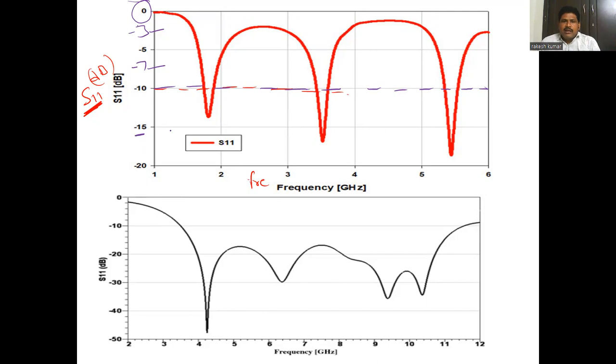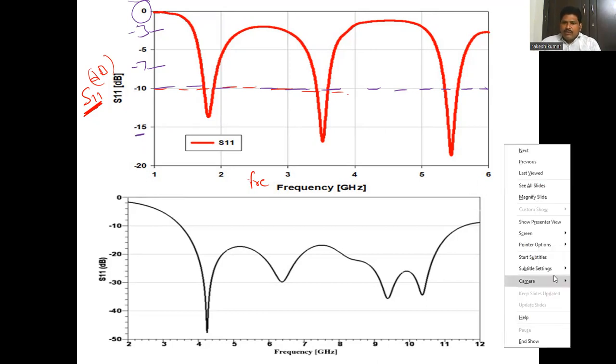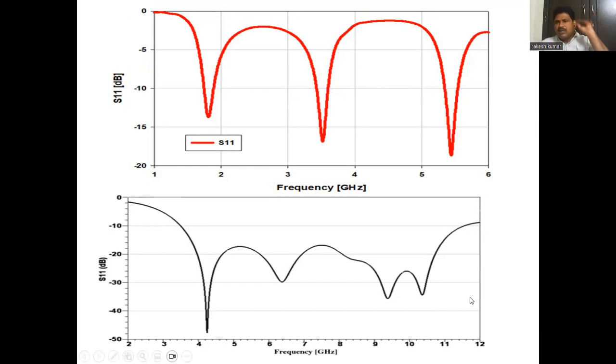So this minus 10, or minus 15, or minus 20, or minus 30, that is the better one. The better the antenna is. So in this diagram, this graph will compulsorily be available, which indicates at what frequency a particular antenna is operating. This graph is called the return loss graph, frequency versus return loss.